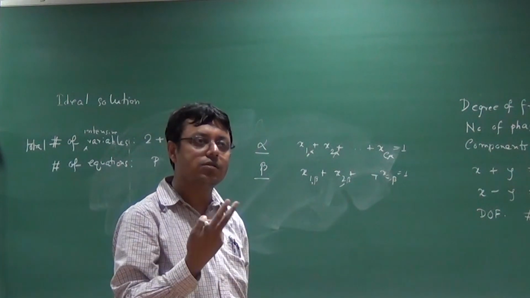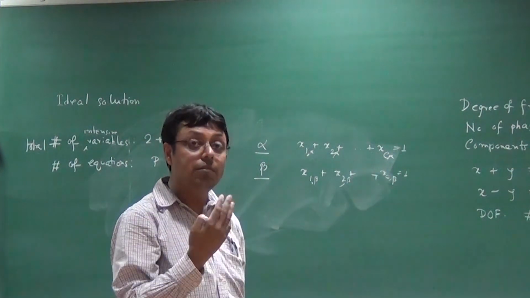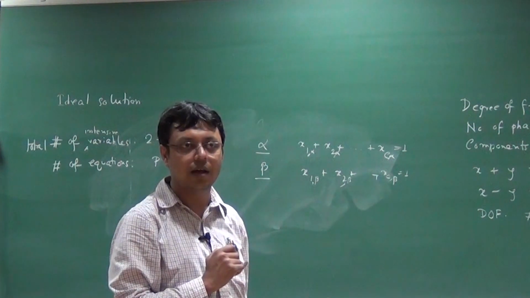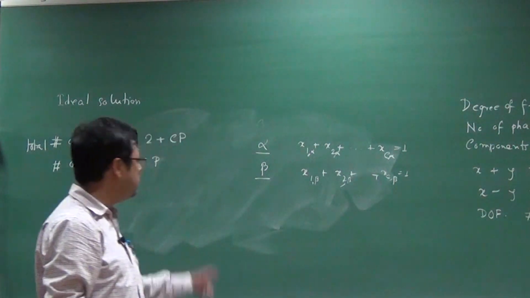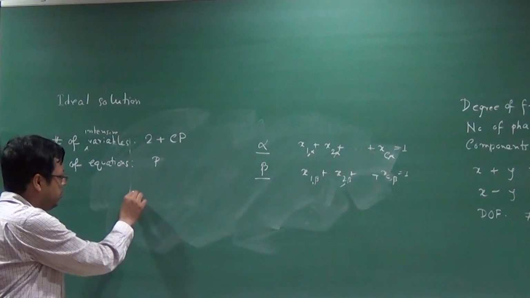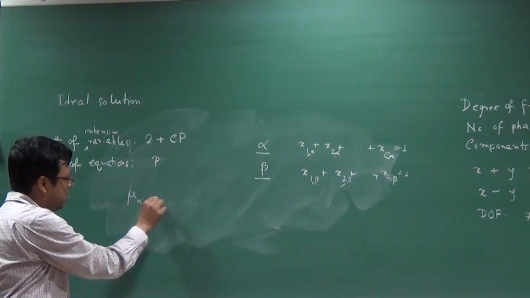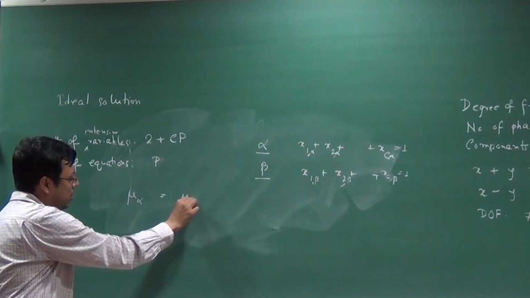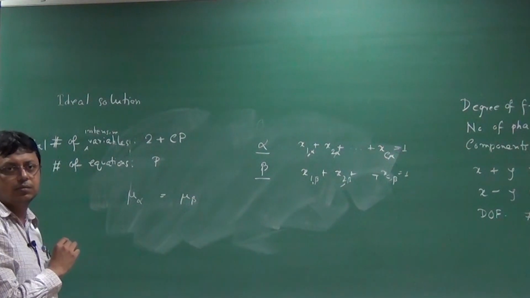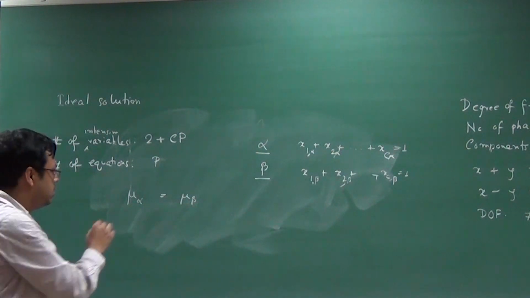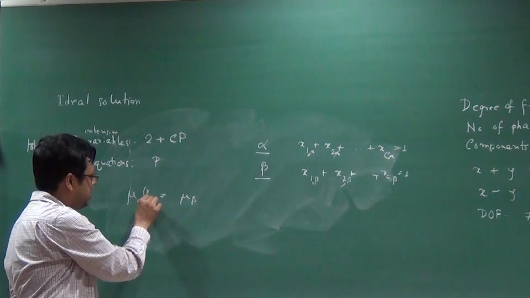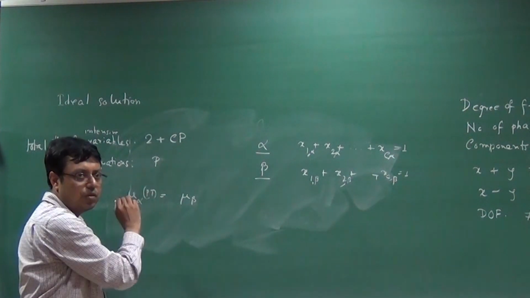Now there is also a second thing. If the phases are in equilibrium, then the chemical potential in the alpha and beta phases is equal, at some pressure and temperature with the other variables constant.